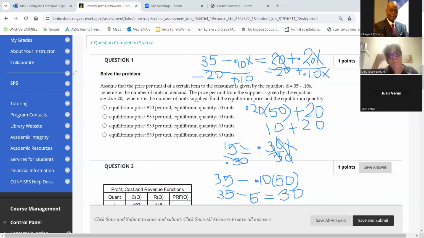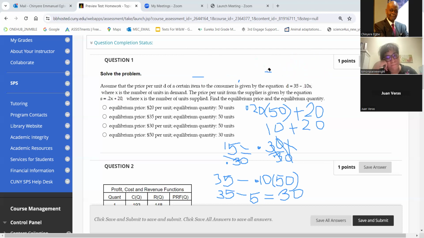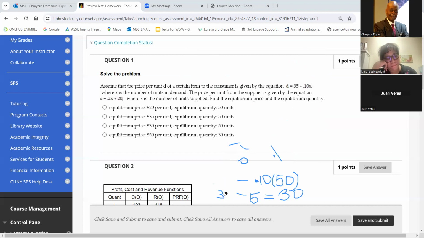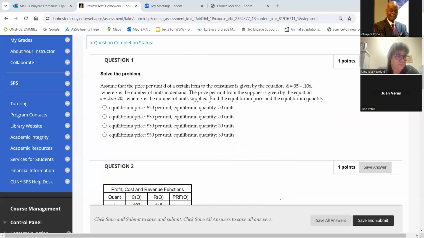Okay, so let me show you what this is. So this is what we are looking at. This is the quantity, and this is the price.